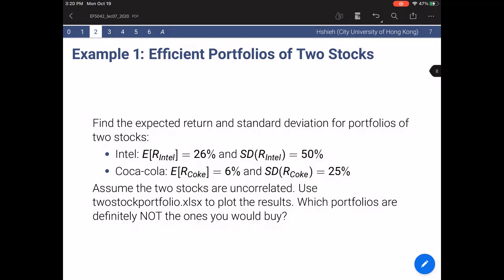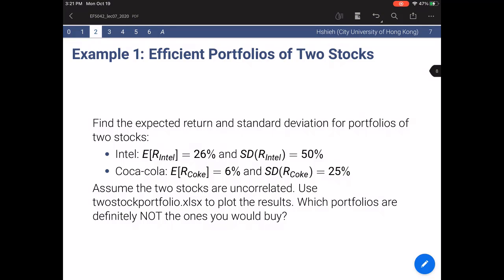Your task is to visually represent the relationship between returns and volatility for a portfolio of these 2 stocks by changing the weights to arbitrary levels.